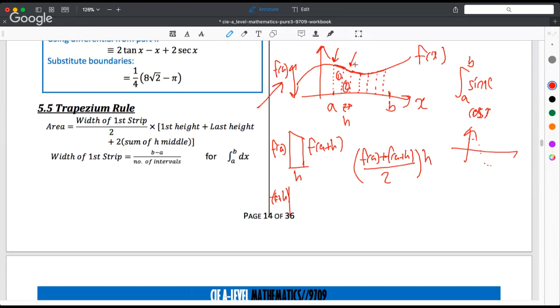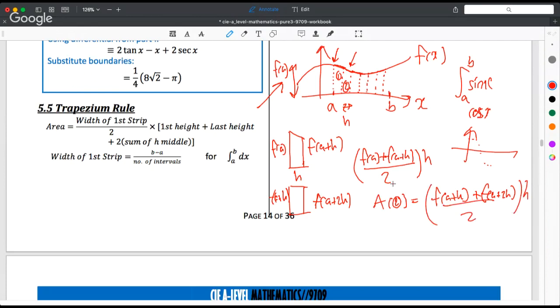Let's integrate number 2. One of the sides is f of a plus h. The other one is f of a plus 2h, because we've moved 2h along now. And the area of number 2 equals f of a plus h plus f of a plus 2h, over 2, multiplied by h.